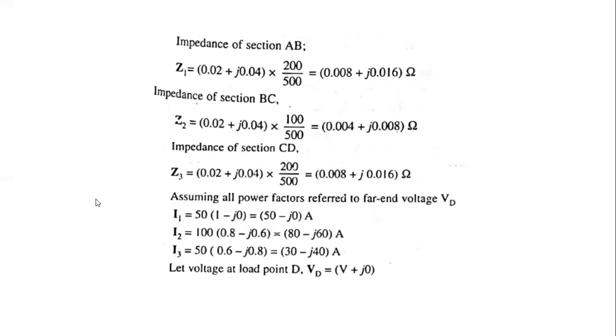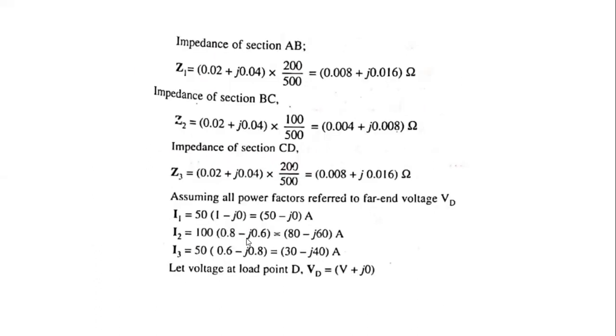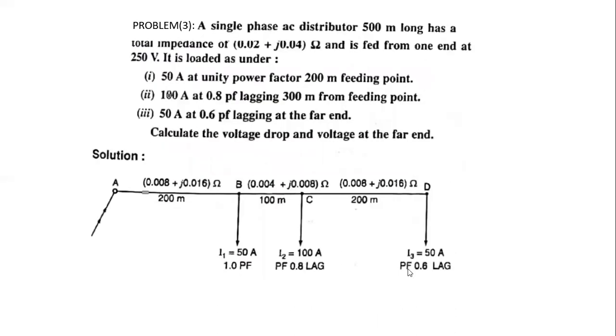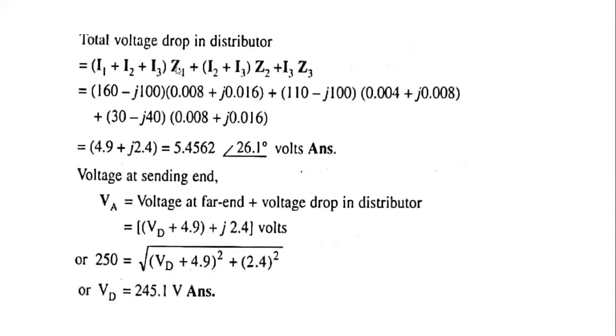Next, the I2 current, 100 into (0.8 minus j0.6), since the power factor at I2 is 0.8 lagging. Next, I3 is 50 into (0.6 minus j0.8). Similarly, the voltage at point D is VD, V plus j0.